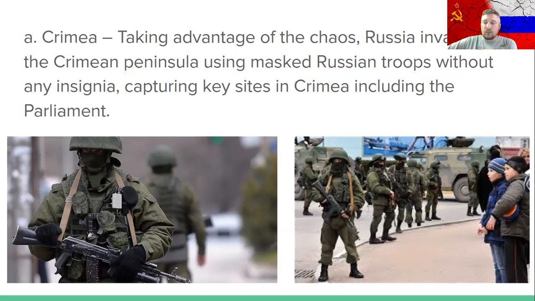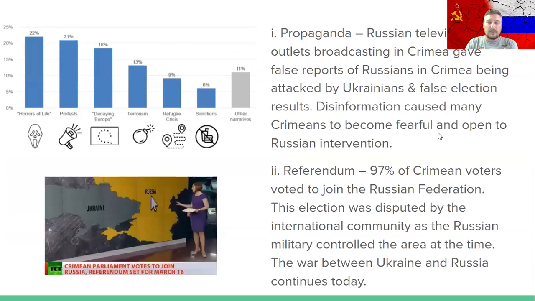Now, the reason that they went in, that's where we kind of get into some of the interesting parts here. So let me move my window here. Why they felt like they could invade Crimea at this time. So propaganda has always been a part of war, of course.